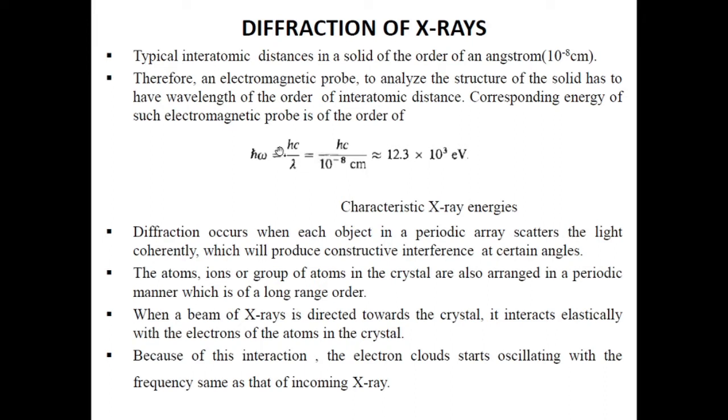If you expand it, you can write it as hc by lambda. If I put this interatomic distance equivalent to the wavelength of that electromagnetic probe, we get an energy of that particular photon, which is 12.3 into 10 to the 3 eV. So 10 to the 3 eV energy corresponds to X-rays, characteristic X-ray energies.